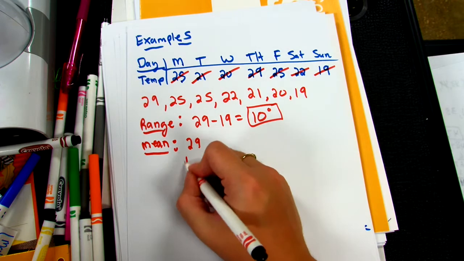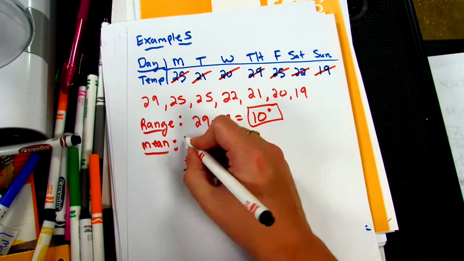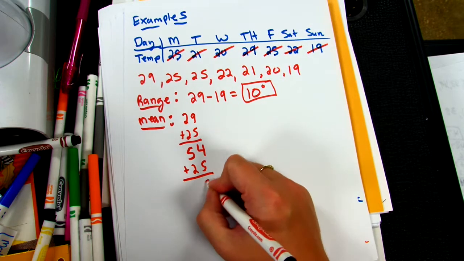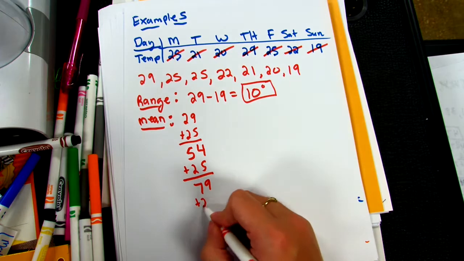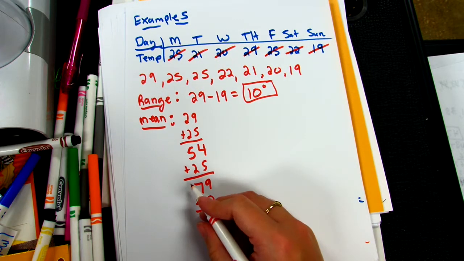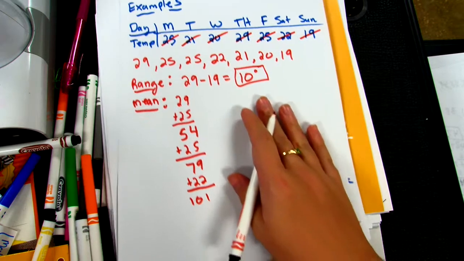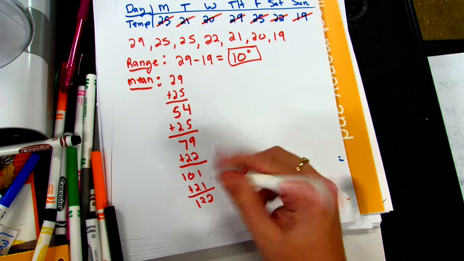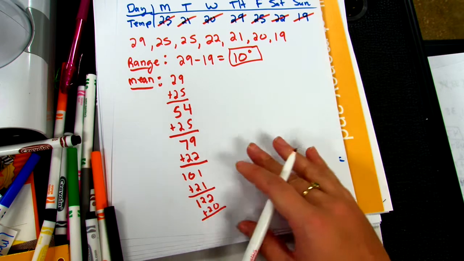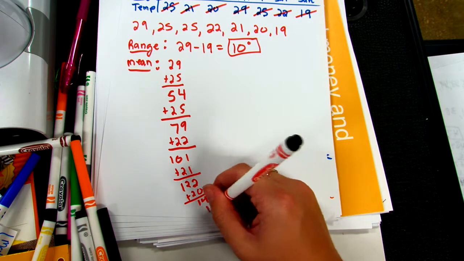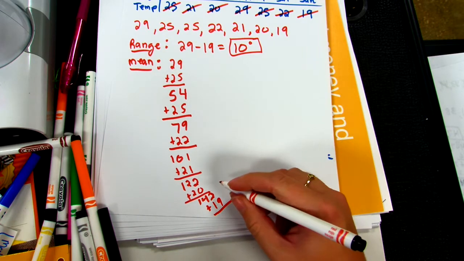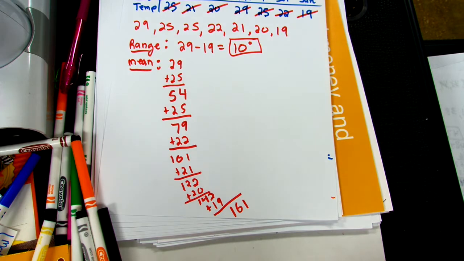So 29 plus 25 plus another 25 plus 22 plus 21 plus 20 and then plus 19. And we get 161.